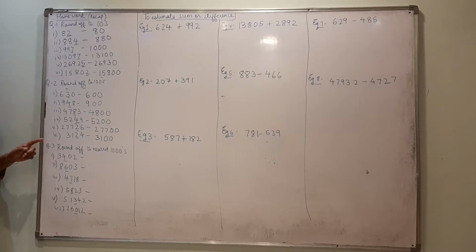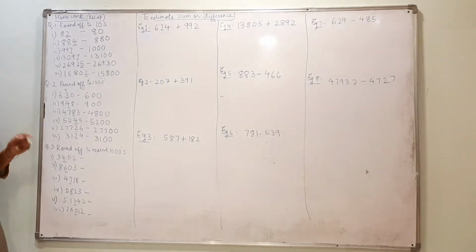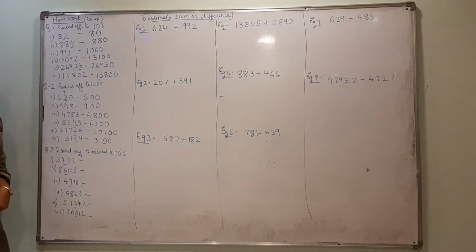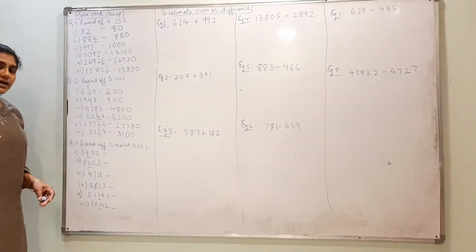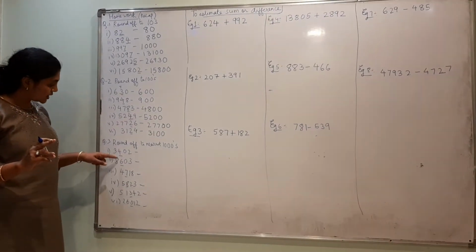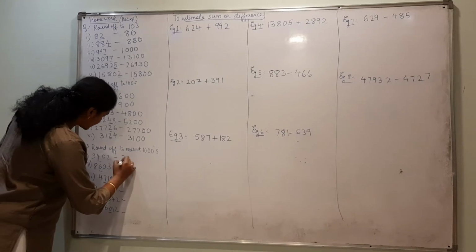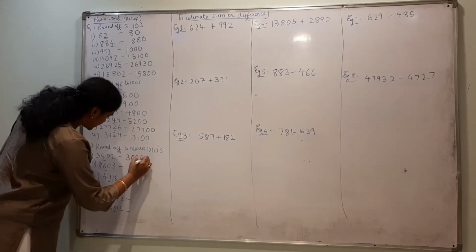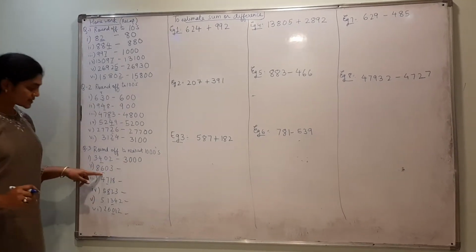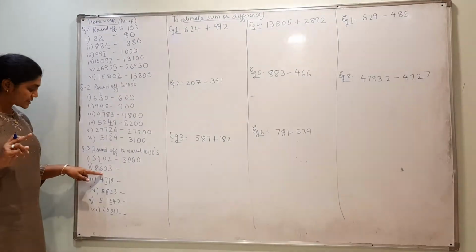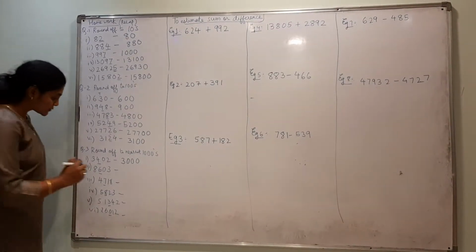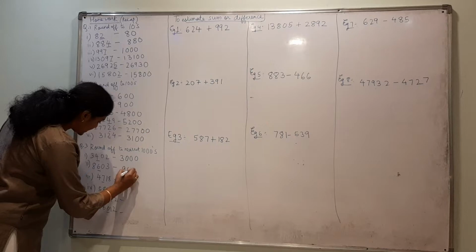Then third question was rounding off to nearest thousands. Thousands means you have to look at the hundreds place. So here 4 less than 5 means 300. This is 6, more than 5 means add 1 to the next place. So this will be 900.